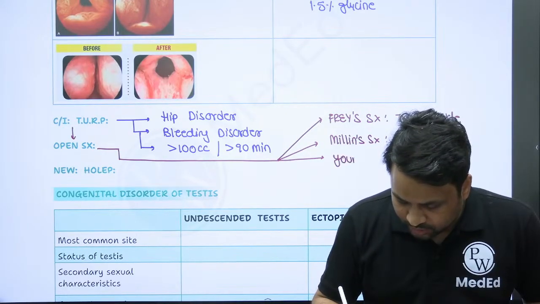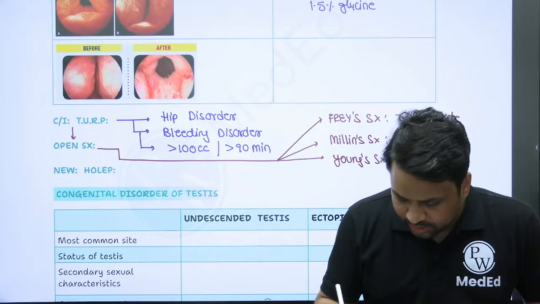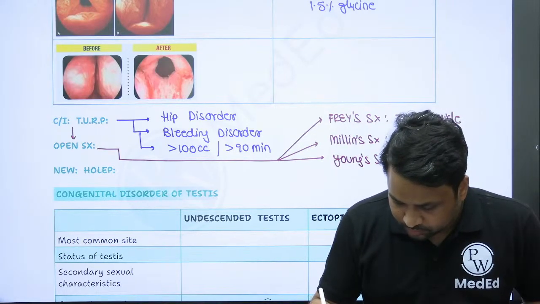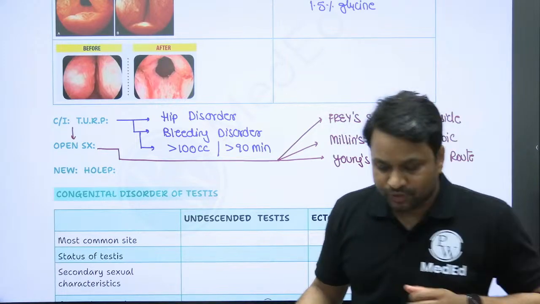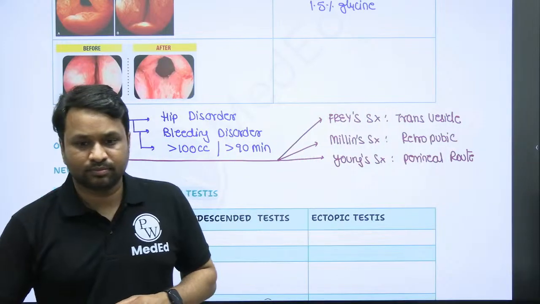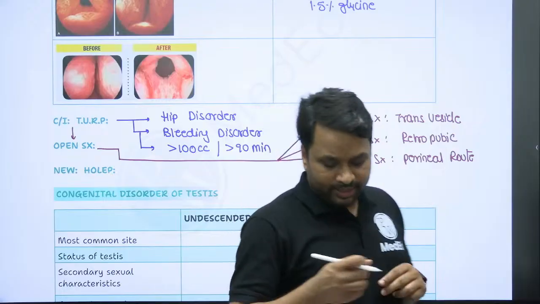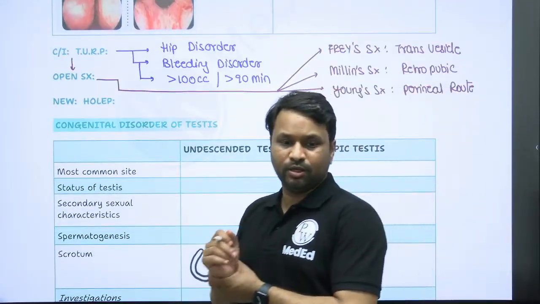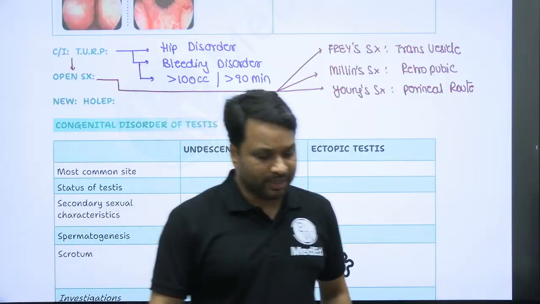Then you have Young's surgery. It is your perineal route of approach. So Freyer's is transvesical, Millin's is retropubic and Young's is going to be the perineal route of approach.